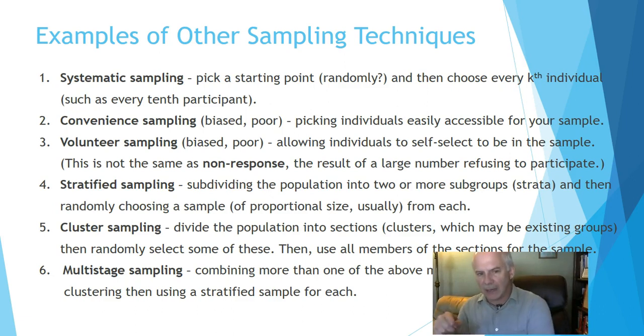Now, convenience sampling is a biased way and a poor way. It'll give you what's called a biased sample. Bias means shifted or directed to one side or the other, and it's a poor way to do it. It's picking individuals easily accessible for your sample. So you might go to Walmart and just stand in the parking lot and pick people there.